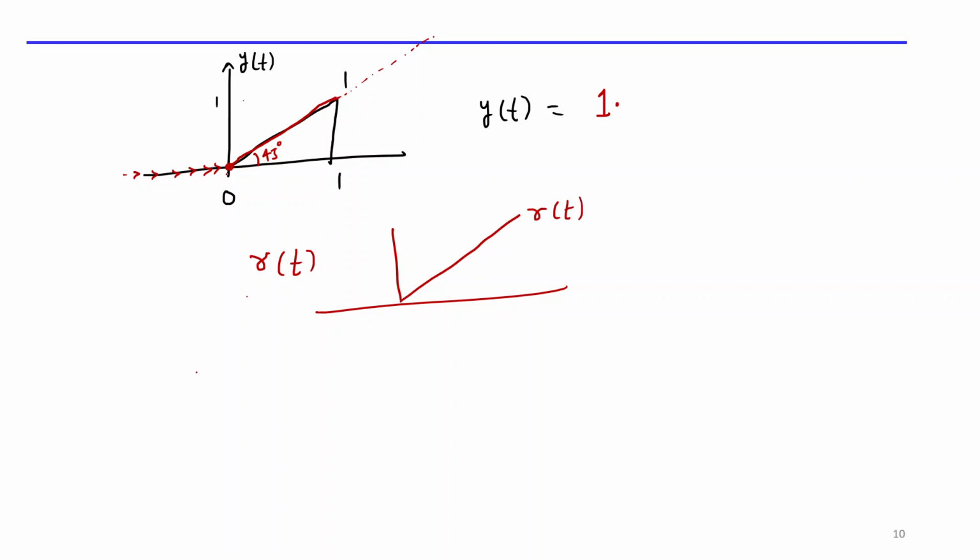You are not stopping; R of t means you are moving up to infinity. So this is your R of t, because at 0 point you need to start.